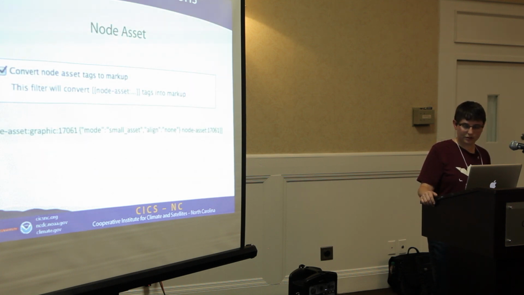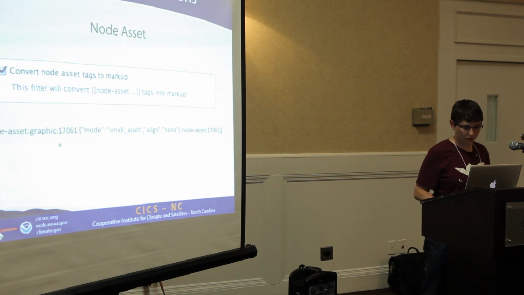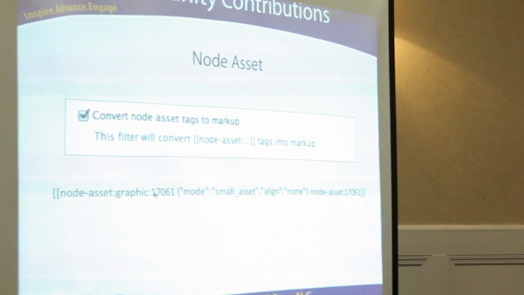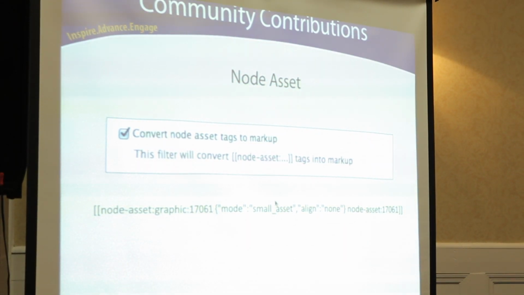So along with this was an input filter. This code here at the bottom, node asset, :graphic, :number, all of this is what it's putting into basically the body of your page. And the input filter will look for this markup and replace it with the node content, rendering it as the template for the mode that you selected.